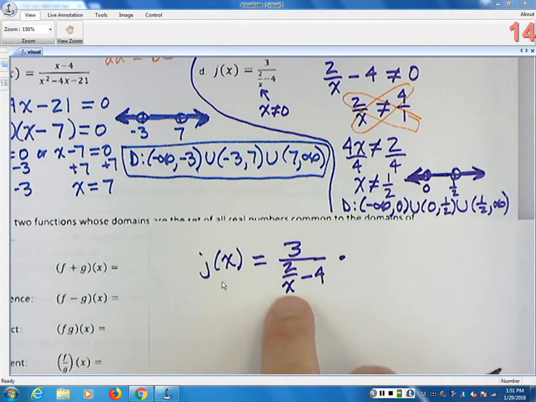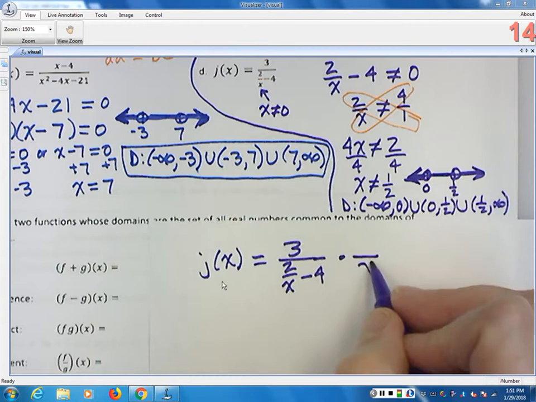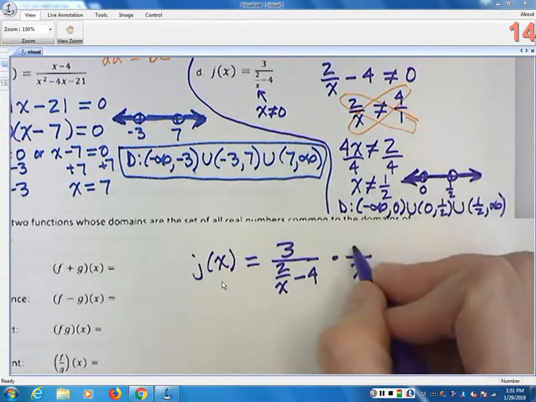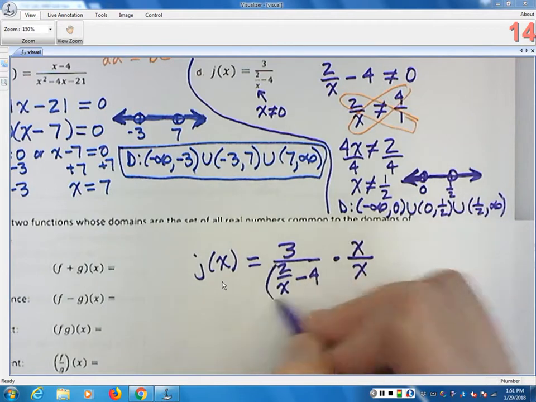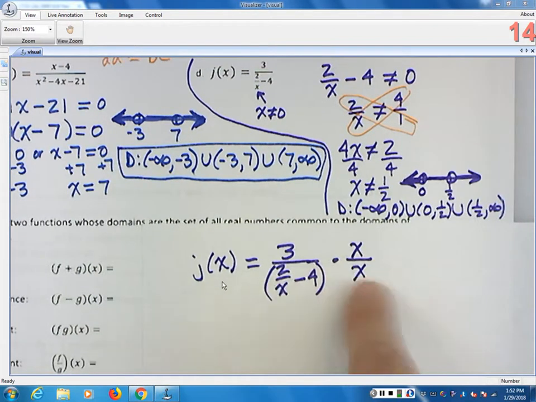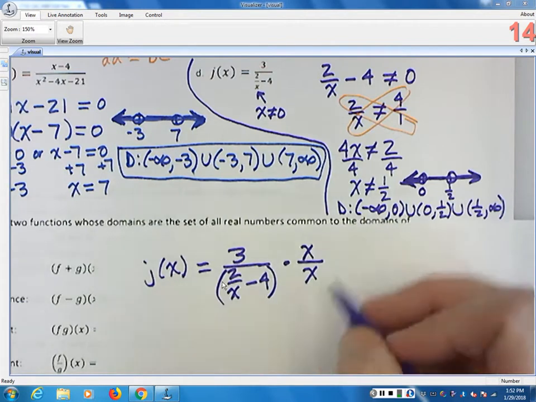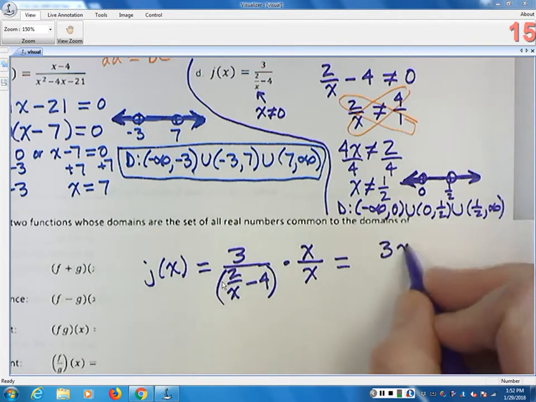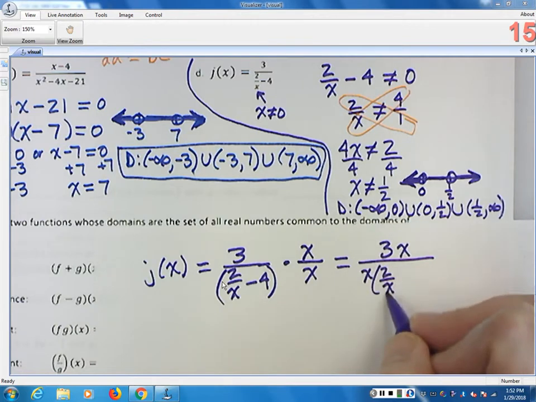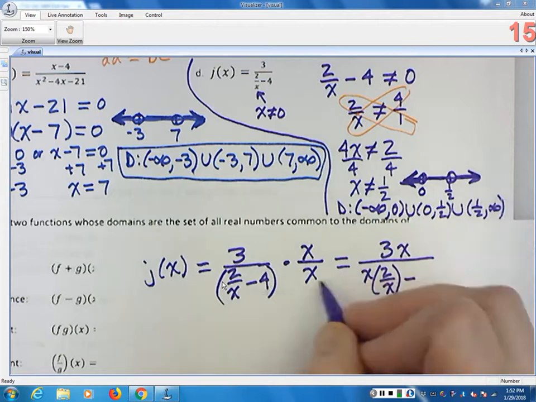You want to get rid of the x in the denominator here. So we want to multiply the denominator by x. But if you multiply the denominator by x, you've got to multiply the numerator by x too. So you're just changing the look of the fraction and simplifying it. You have to put parentheses there. So you're going to distribute this x. x times 2 over x is 2. Well, you're going to get 3x, and you're going to have x times 2 over x minus 4 times x, 4x.